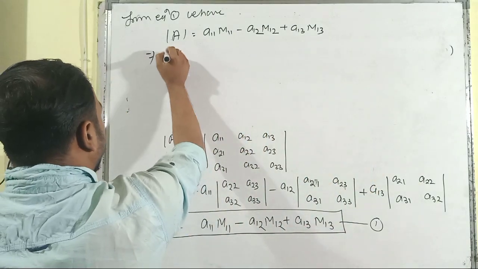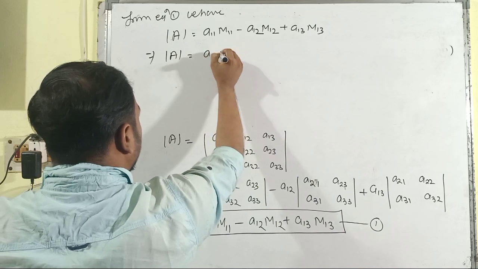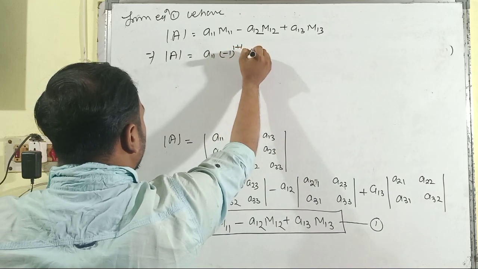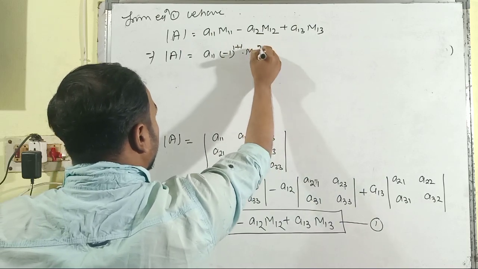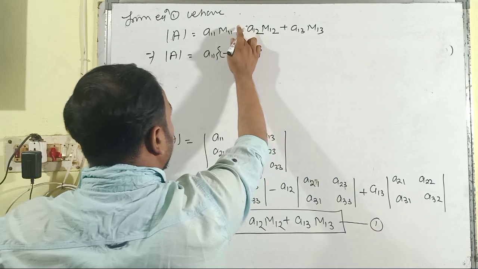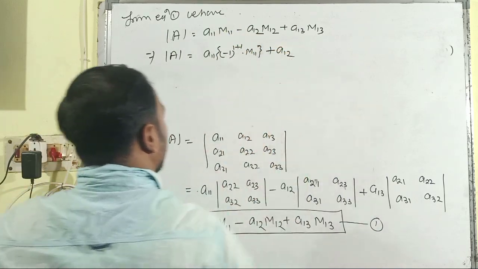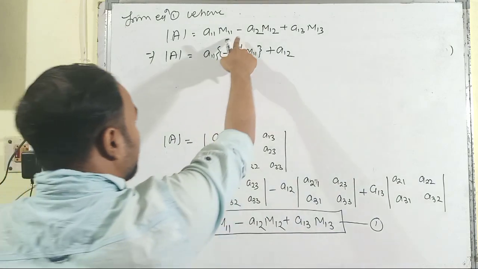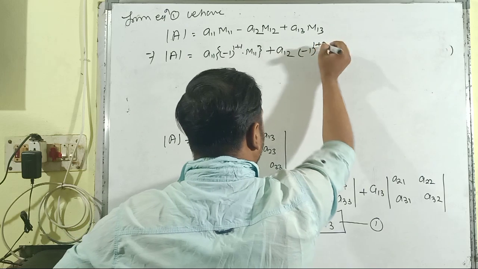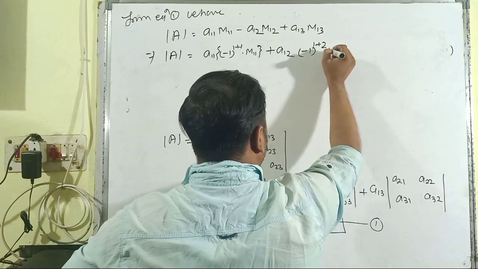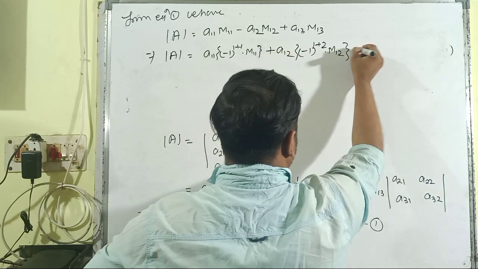So determinant of A is equal to A11 multiplied with (-1) to the power 1+1 with M11. Then by considering a positive sign with the element A12 and taking the negative sign towards M12, we can convert it into the form of (-1) to the power 1+2 multiplied with M12.